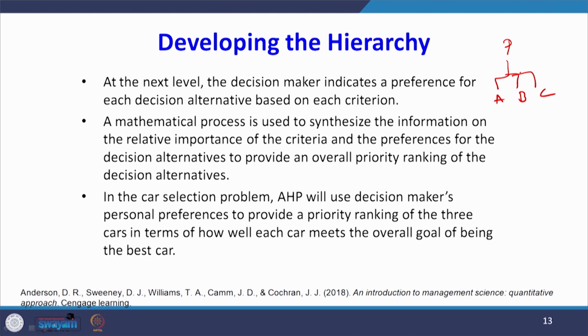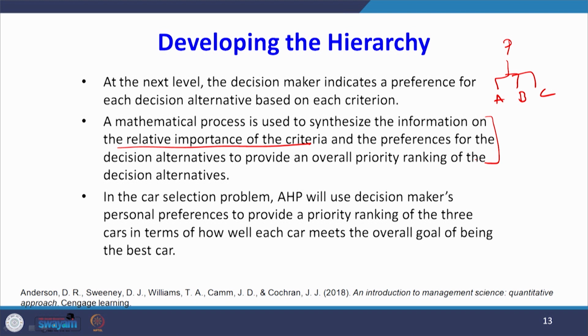We are going to consider there are 4 criteria. There is a mathematical process behind relative importance of the criteria and the preference for the decision alternatives to provide an overall priority ranking of the decision alternatives. So, these steps I will explain in the next slide and the next lecture.